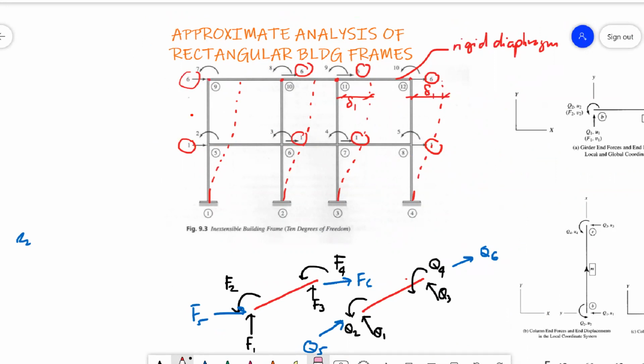So again, we will assign a single degree of freedom to this floor level and a single degree of freedom also on this floor level. Okay, but for the rotation, we have a different code or degree of freedom on each joint. Okay, so that will drastically decrease the stiffness matrix.